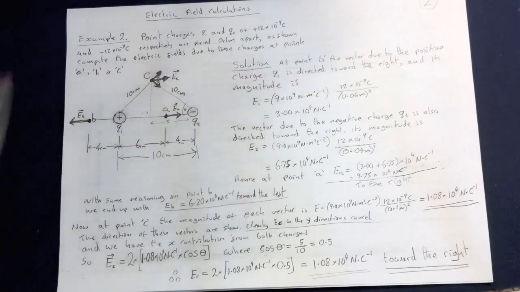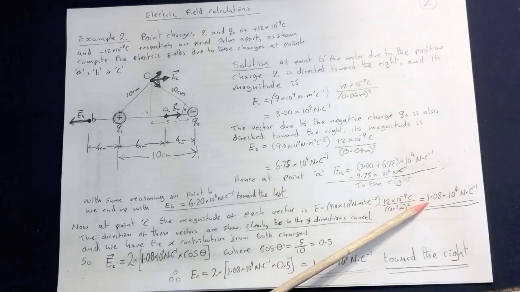which direction is it going in this way? Okay. So at point C, the magnitude of each vector is 1 over 4 pi epsilon naught again, which is the K, 9 times 10 to the 9, and the distance between them is 0.1 meters squared, so that's 1.08.